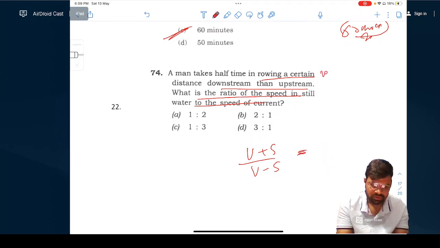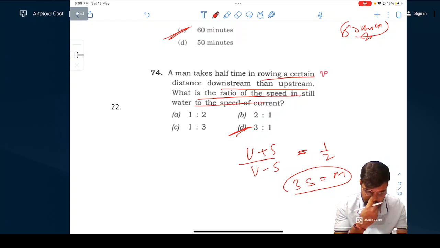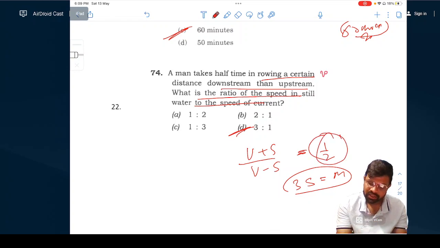Yes, so it will be 1/2. The ratio of speed will be inverse to the ratio of time. Then you will get 3s equal to v, so the ratio of speed will be 3:1. This is the inverse of the ratio of time, no?